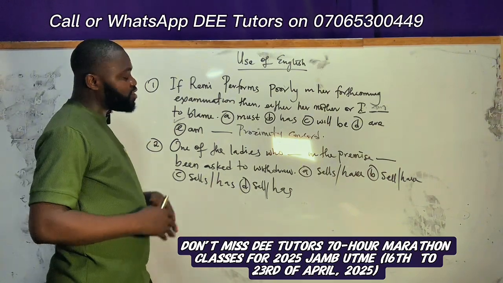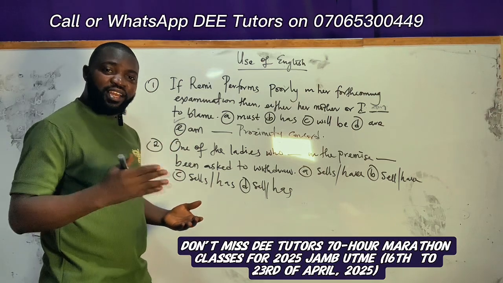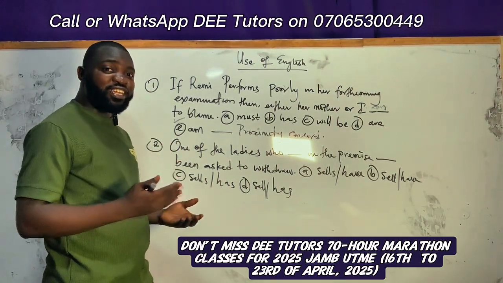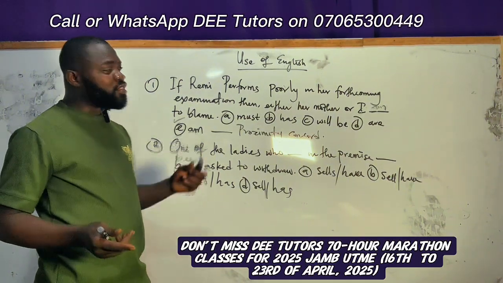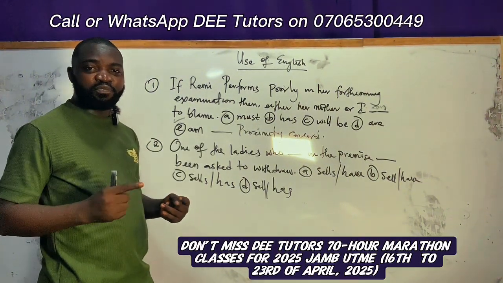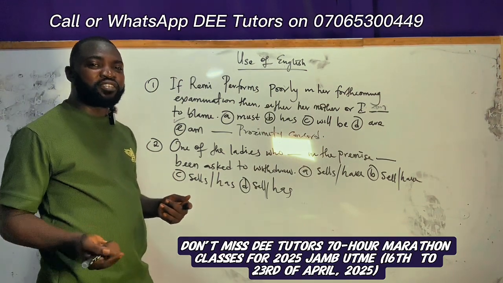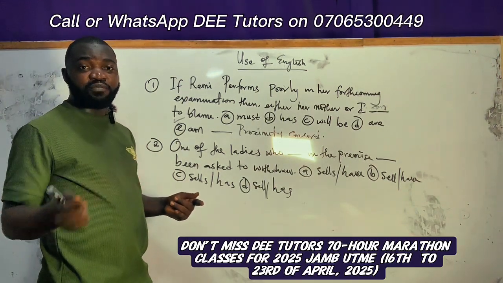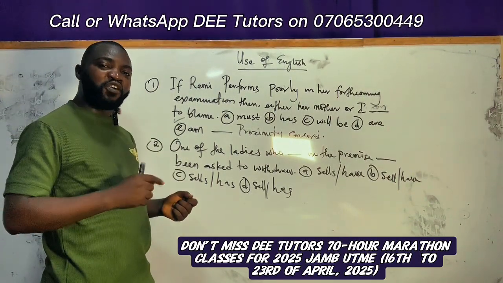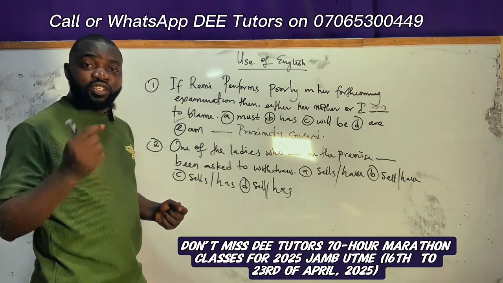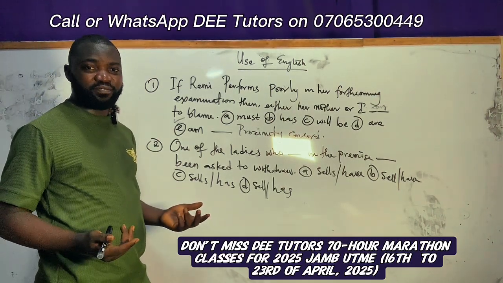And what does the rule of concord state as regards relative pronouns? Anytime a relative pronoun is used in a sentence immediately after a noun or a pronoun, the verb to be used after that relative pronoun will be determined by the noun or pronoun that comes before it, because it's relating whatever comes before it to what is coming after it. We use relative pronouns to start relative clauses in most cases.